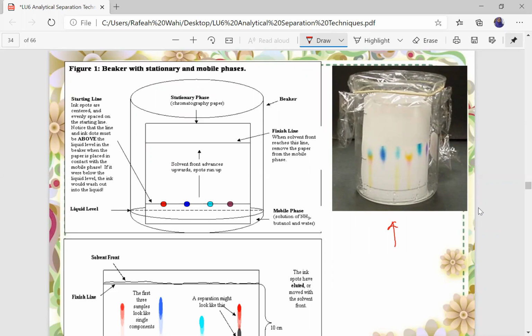It's a very simple technique. What you have to do is to prepare one high quality filter paper or porous paper.